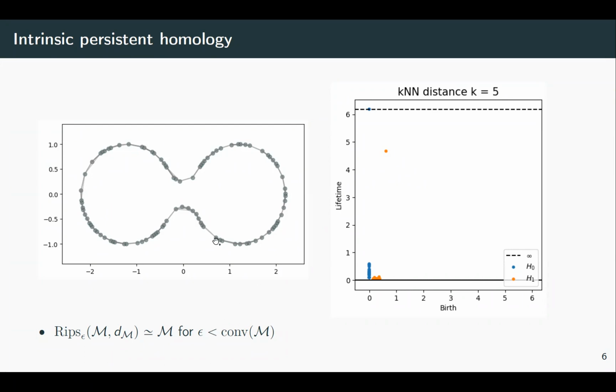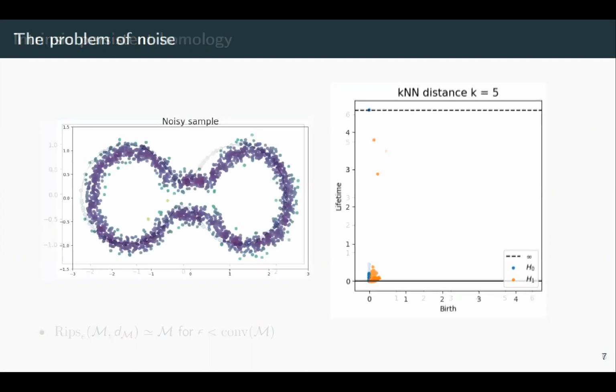This invariant of the manifold does not depend on the embedding. So this is nice. This is what we want. Okay, great. So let's try to apply this procedure in a noisy sample.